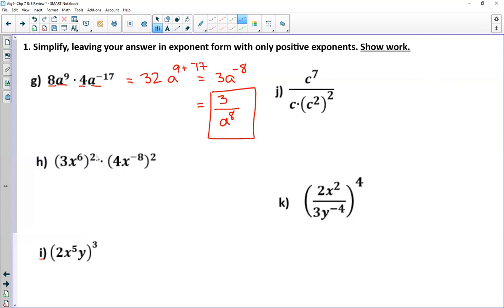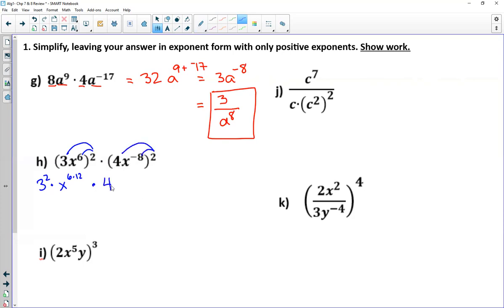Looking at part H, now we've got exponents outside of some monomials. So we need to make sure this exponent goes to everything. We're going to have 3 squared times x to the power to a power. You're going to multiply them, so 6 times 2. And then we need to make sure that this exponent also goes to everything.